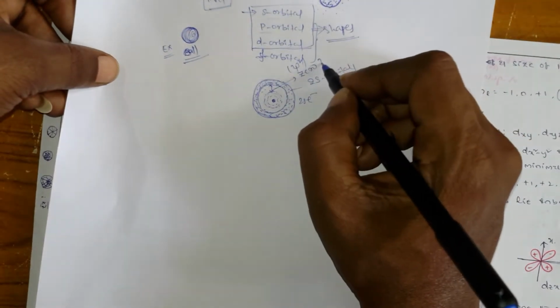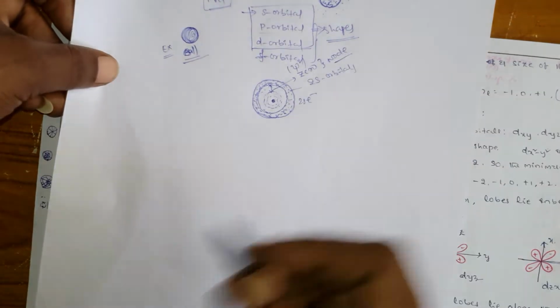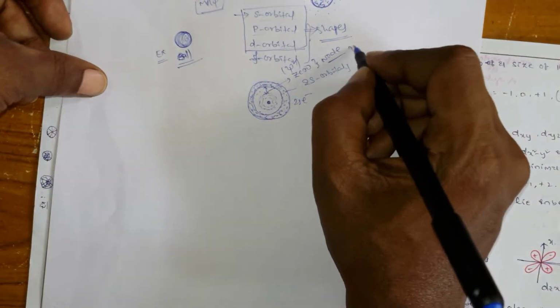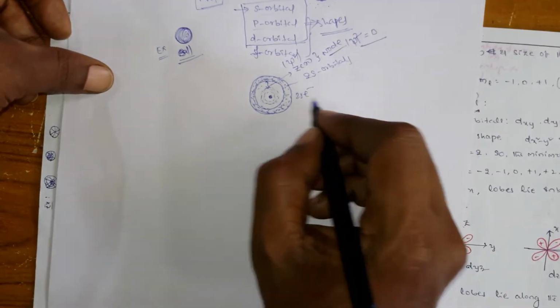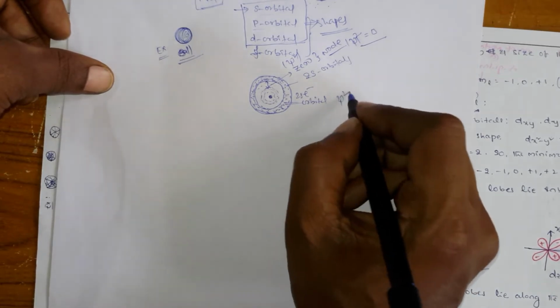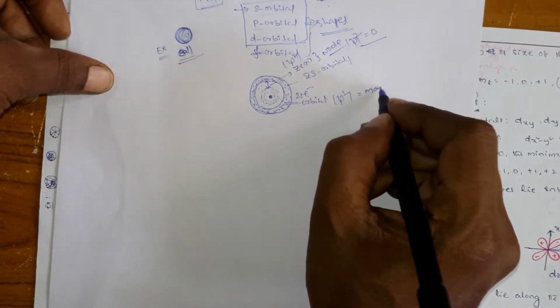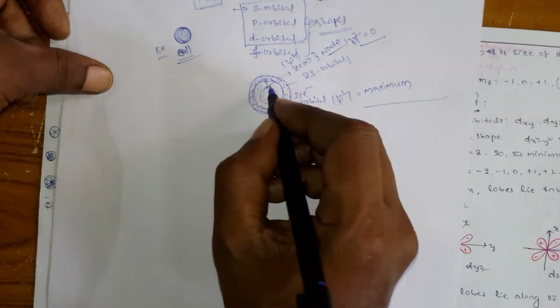Okay, so this you can call it as a node. We already learned this. This is nothing but a node. Node is nothing but where the probability of finding of an electron is 0. Okay, and this is an orbital, where the probability of finding of an electron is maximum. Okay, so this is a 2s orbital.